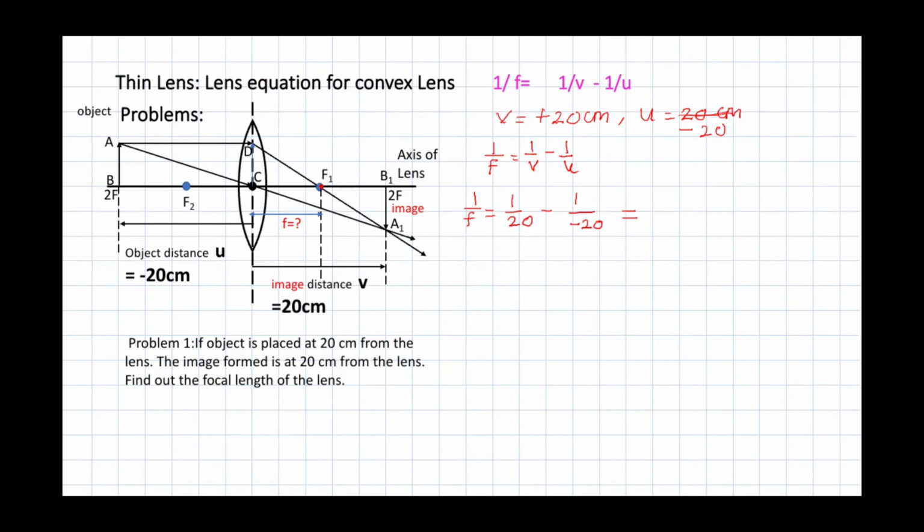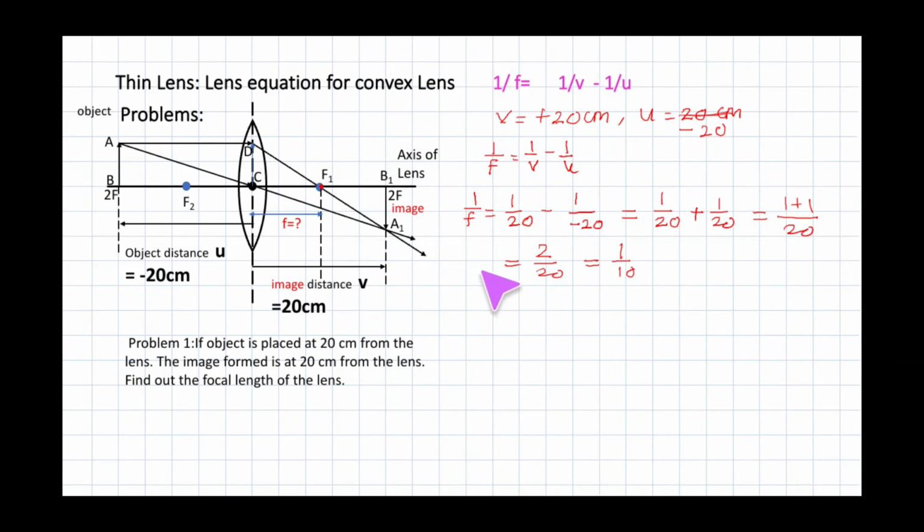So obviously that is equal to 1 upon 20 plus, minus minus is plus, 1 upon 20. The denominator is common, so we do the addition of numerators, 1 plus 1 divided by 20, and that turns out to be 2 upon 20, which is equal to 1 upon 10.